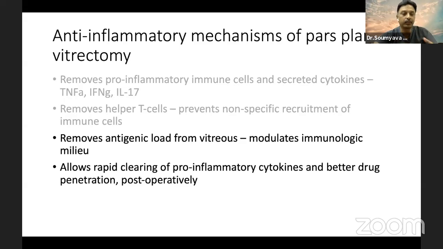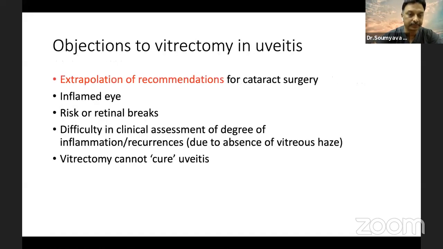And finally, in the post-operative period, it allows rapid clearing of the pro-inflammatory cytokines and better drug penetration. These are all the reasons that have been proposed as an anti-inflammatory tool for vitrectomy.